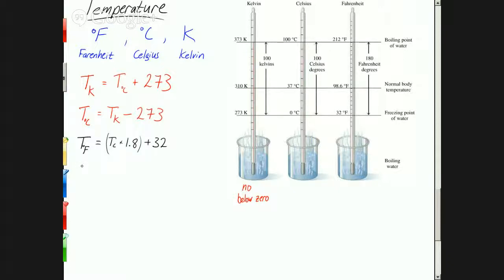To go the other way, we have to do the opposite. So if we have Fahrenheit degrees and we want Celsius degrees, we take our Fahrenheit degree and we subtract 32, and then we divide that whole thing by 1.8. So in that case, you have to do the subtraction before you do the division to get it to work.